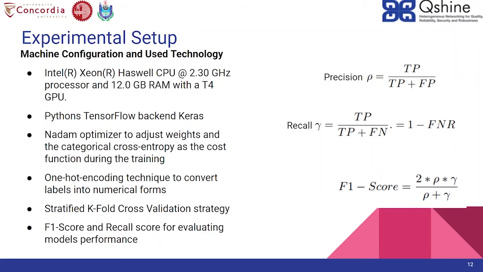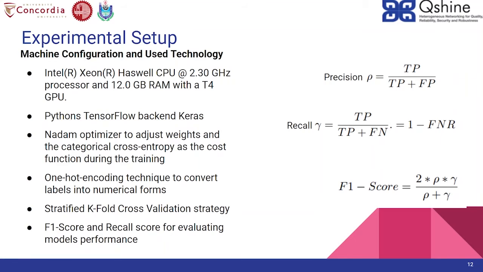Here is the experimental setup for our experiment. We used an Intel Xeon based CPU with a 2.3 GHz processor and 12 GB of physical memory. We used Python with TensorFlow based Keras. We used the Nadam optimizer to adjust weights, and categorical cross entropy is the cost function during training.